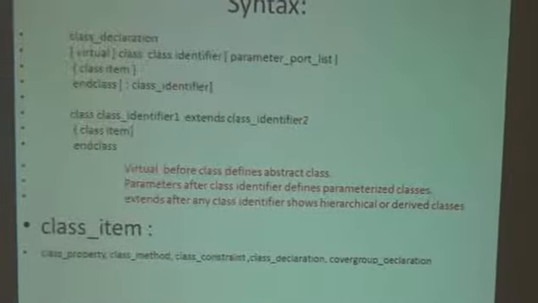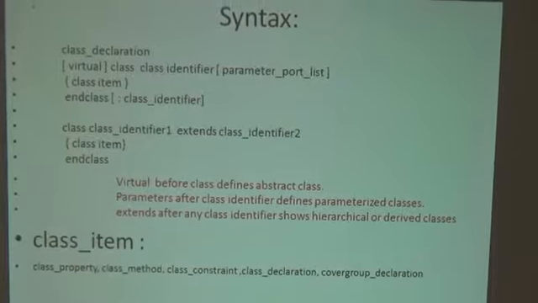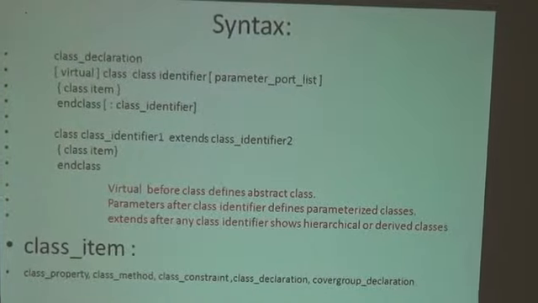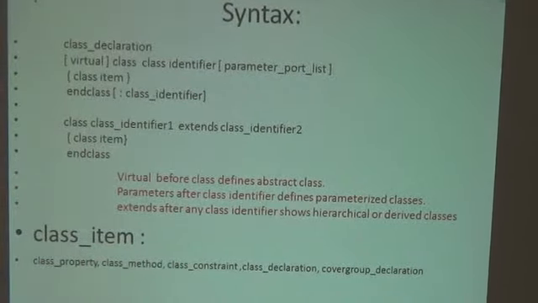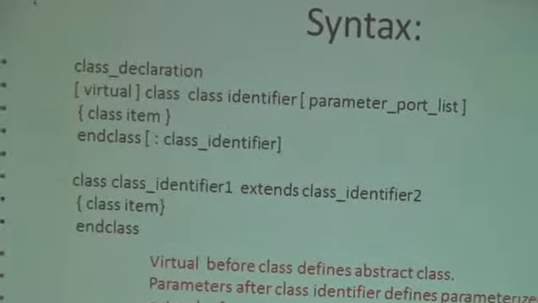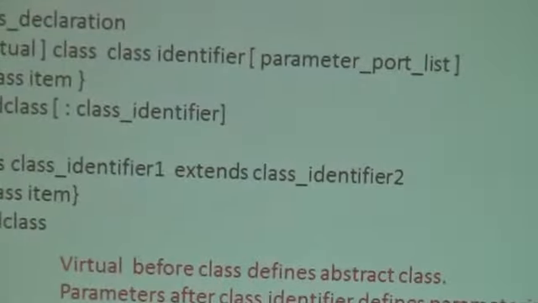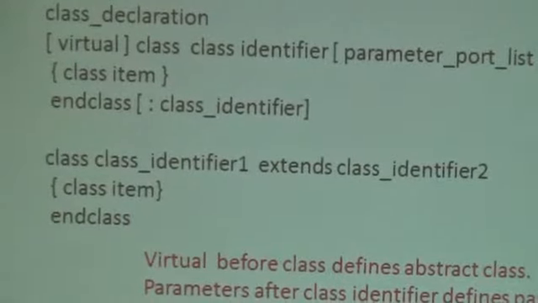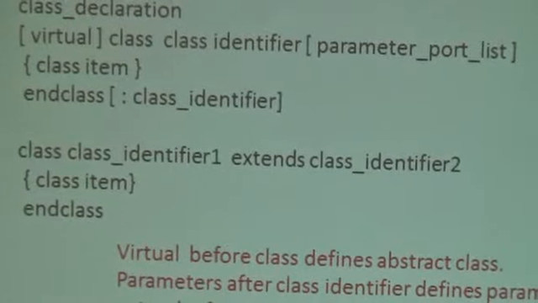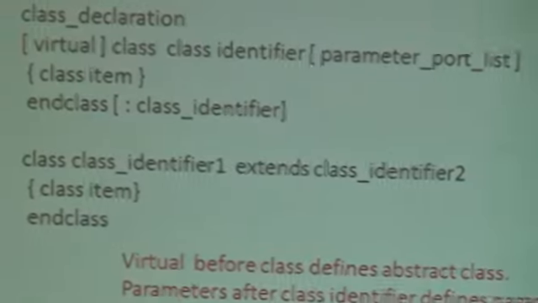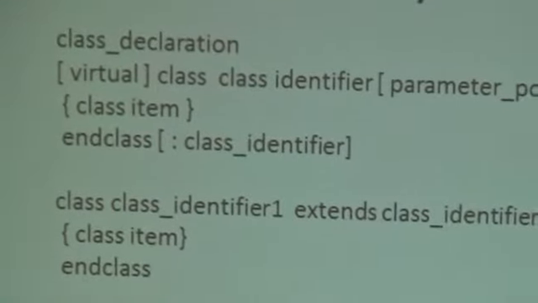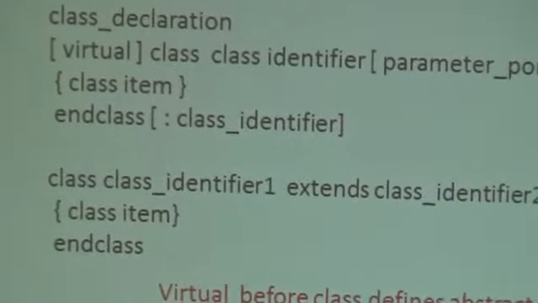General syntax of a class. The class syntax is as follows. It consists of virtual, followed by class, identifier, parameter port list, class items, and endclass. The word virtual is not necessary every time.